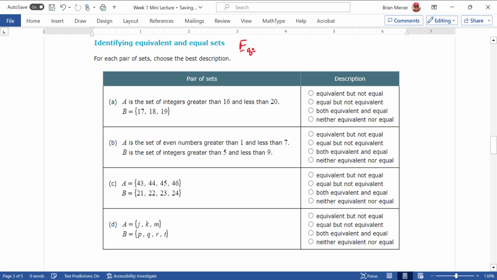Equivalent sets have the same number of elements.